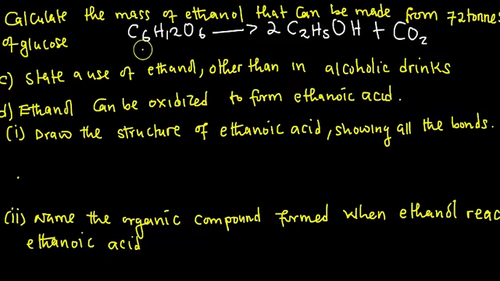So here you are saying 70 tons of glucose. What is the mass here? We don't know. We just know that we want to find the mass of ethanol that will be produced when 70 tons reacted. So what are we going to do?